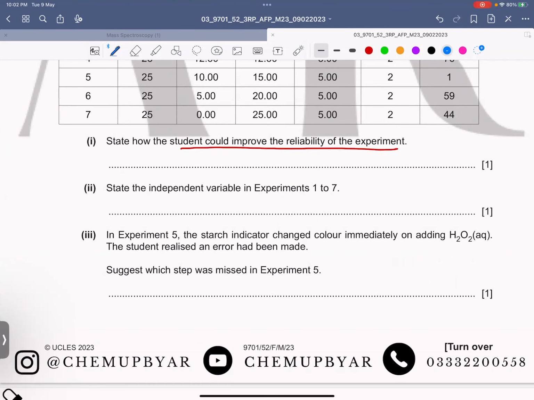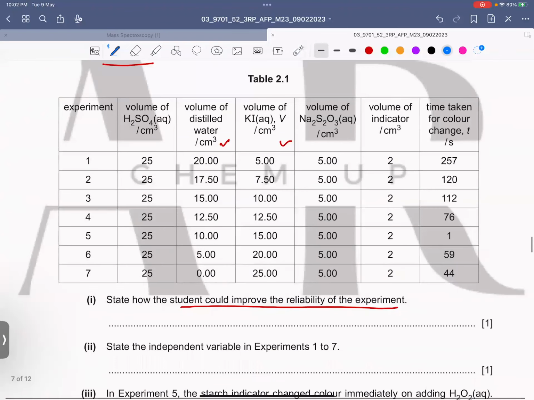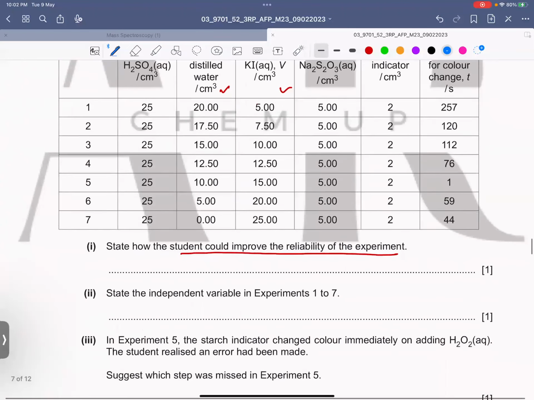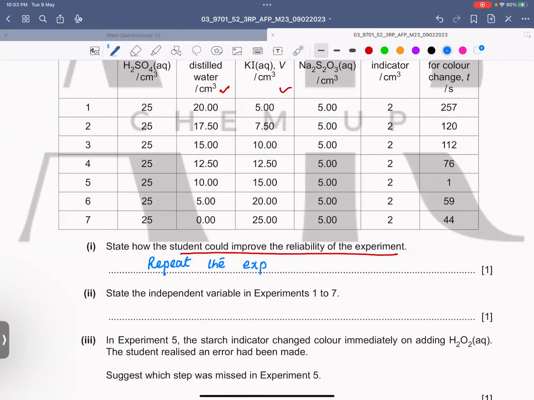How can the reliability be ensured? So we can repeat the experiments and take the average.